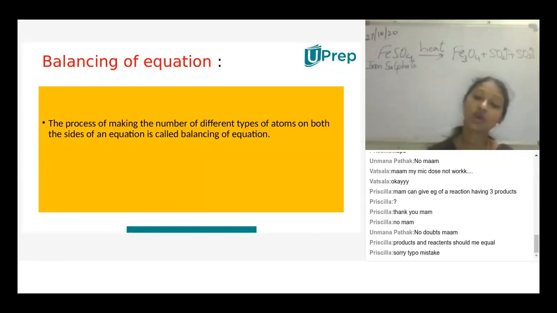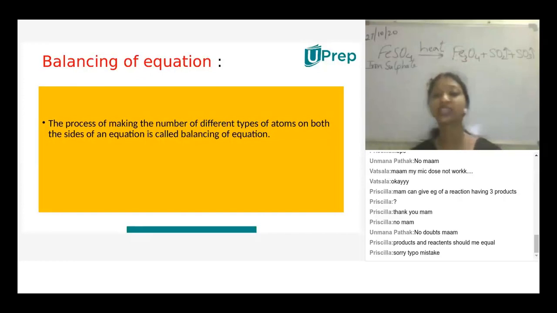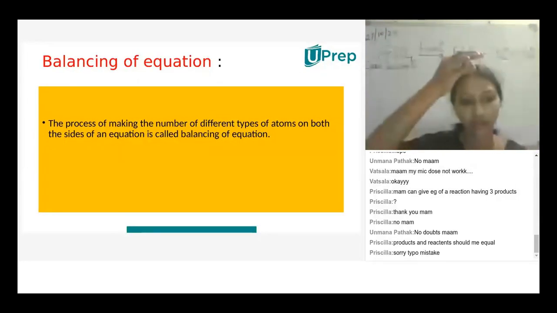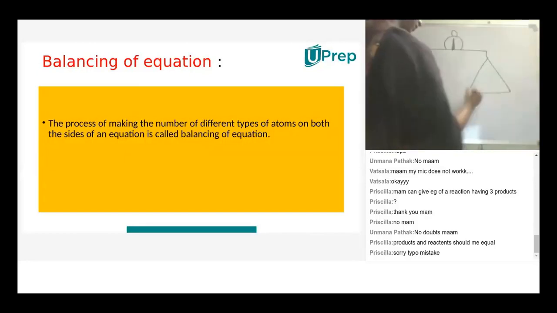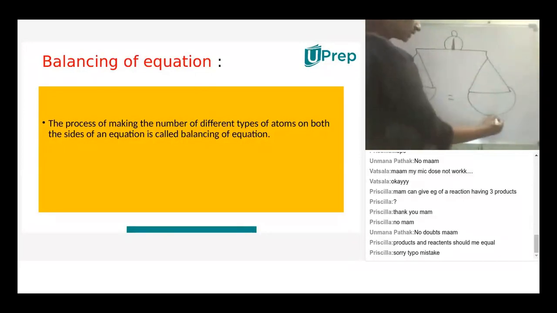So before digital balances, we have seen physical balances. In a physical balance, the two pans are held and the pointer should be at the center, which means the two pans are equal. Have you seen this anytime? If the pointer is at the center, this is equal to this. If the pointer is towards this side, this is greater.